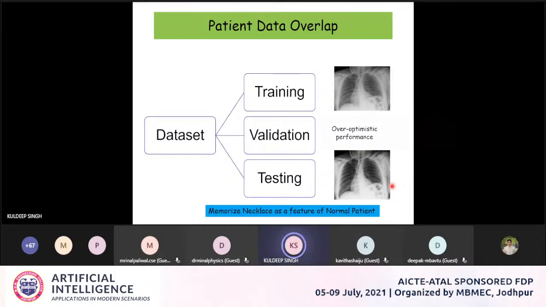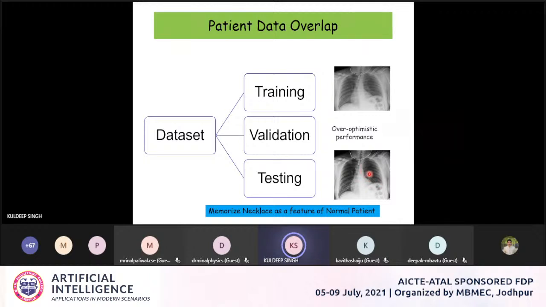And for the same patient, we have taken another chest X-ray after a certain duration of time. At that time also that patient was wearing a necklace. And this particular image belongs to the COVID-19 category, not the healthy category.